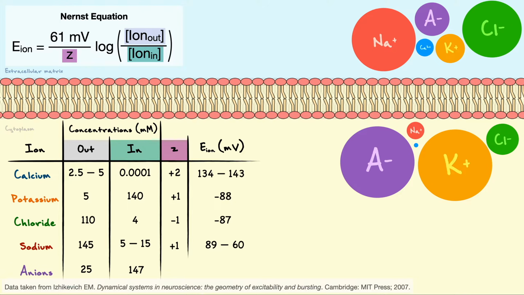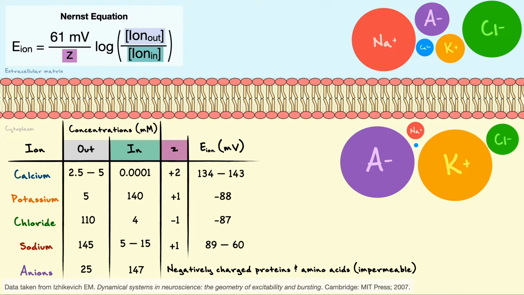You will also notice that I have added anions to the table. In this case, anions are negatively charged amino acids and proteins that influence the net charge of the system, or in other words, the membrane potential, but since they cannot move directly through the membrane, we will not consider their equilibrium potential.